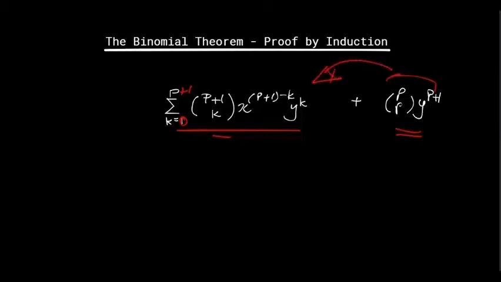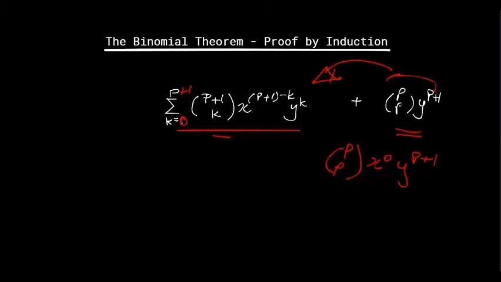Let's keep in mind that this is x to the 0, y to the p plus 1. These are the numbers as far as we can write them, not knowing what p is, and it's p choose p. Now, when this goes in here, k has incremented all the way up to p plus 1.